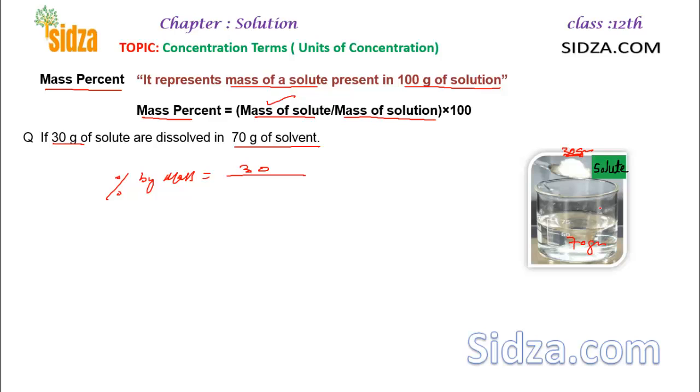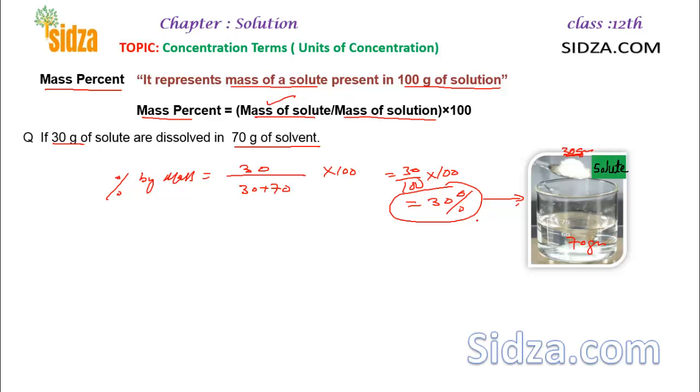Solution means the total weight, so the weight of solution will be the weight of solute plus the weight of solvent. So it is 30 plus 70, times 100. So it will be 30 by 100 times 100. It is actually now 30%. So this is the percentage of the solution by weight.